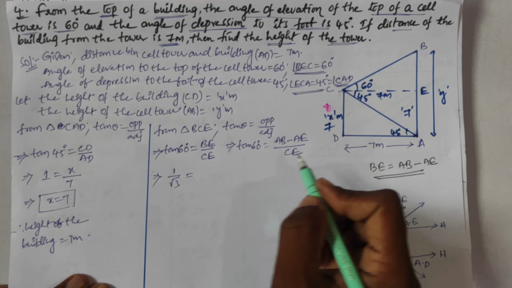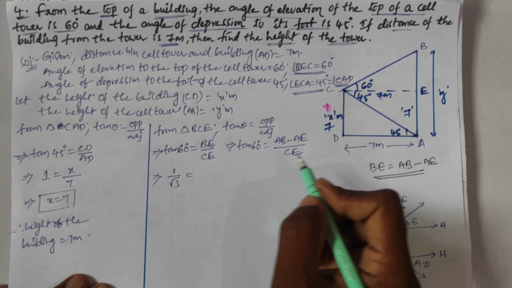This implies Y equals 7 into, we know that root 3 value is 1.732, plus 1. Right? Then Y is equal to 7, the whole number part, keeping aside, 1 plus 1 is 2, 2.732. Now we have to find the value of Y, simply multiply these two.